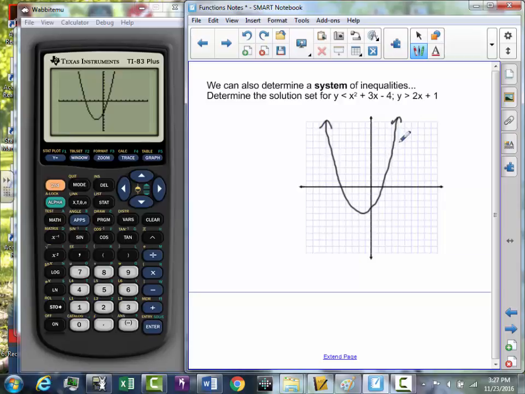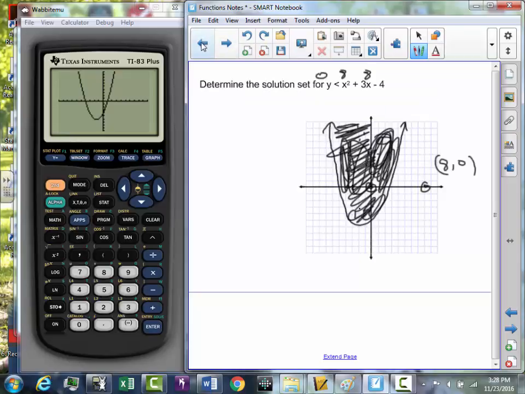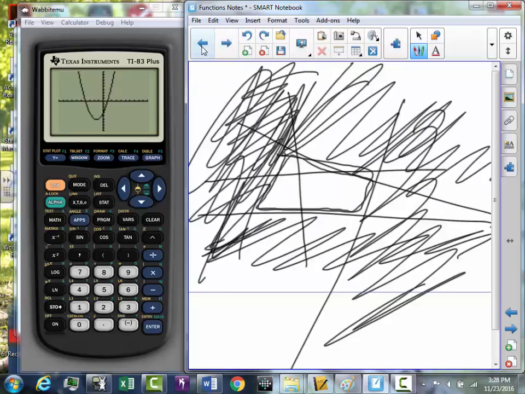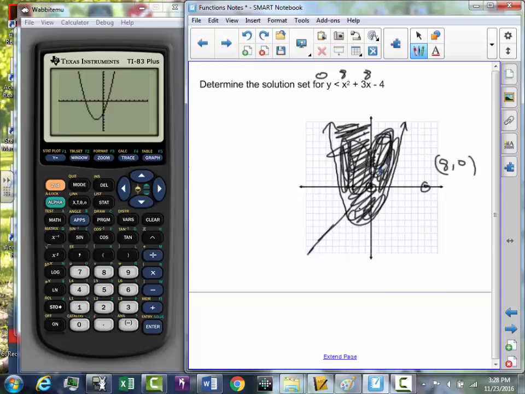Okay, so you're either shading the inside of the parabola or the outside of the parabola. So pick a value. My suggestion, 0, 0. If you plug in 0, 0, and 0, isn't this the one we just did? Oh, never mind. So we just did this one then. So let me see if I can just combine them then. That line went through there like that, and we shaded this side over here.